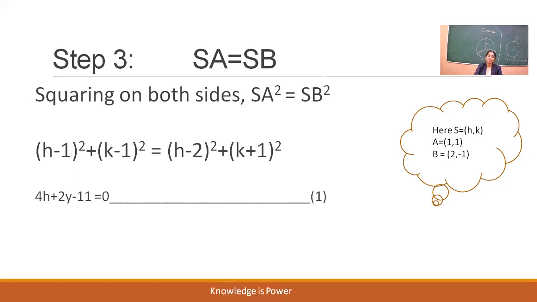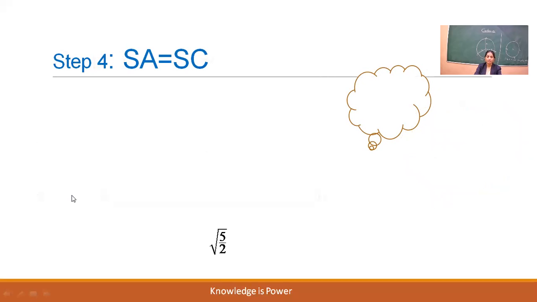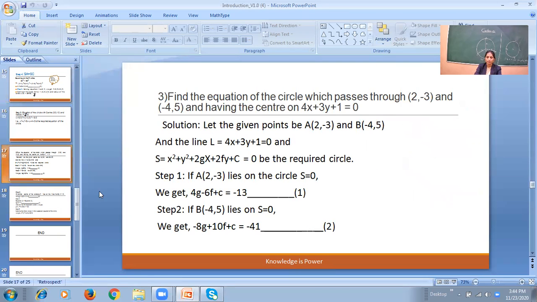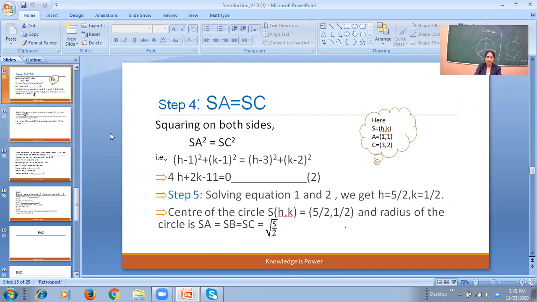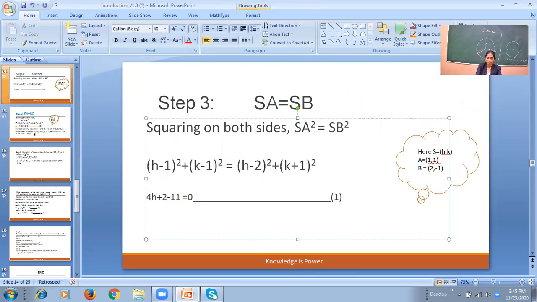The h square terms and k square terms get cancelled on either side and we'll be left with 4h plus 2k minus 11 equal to 0.